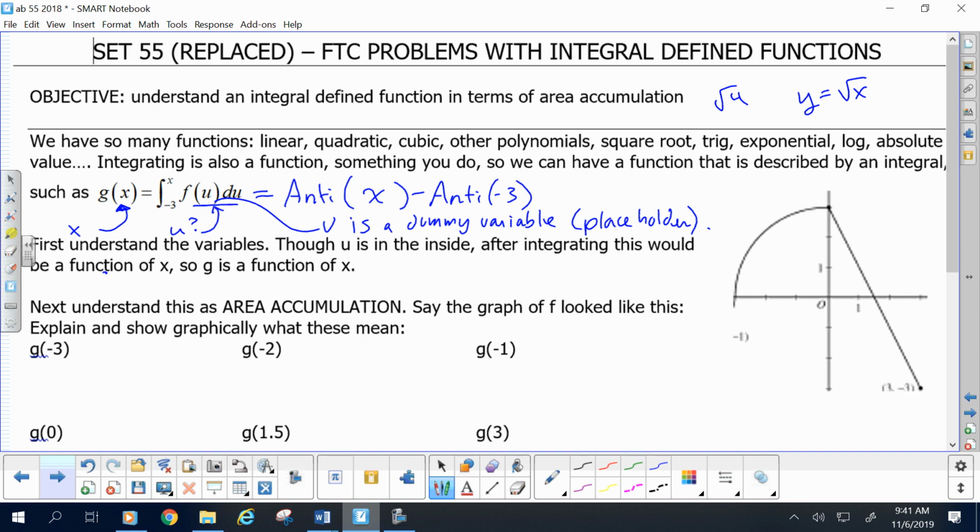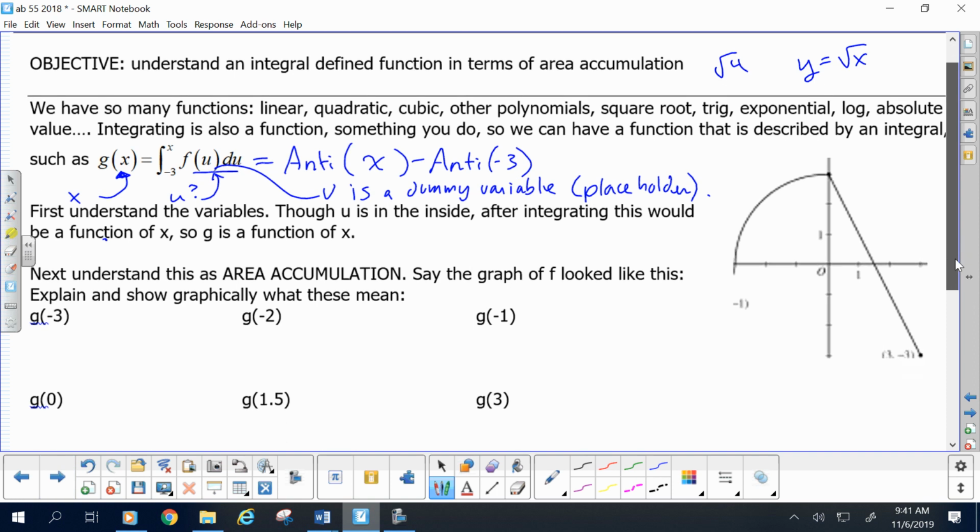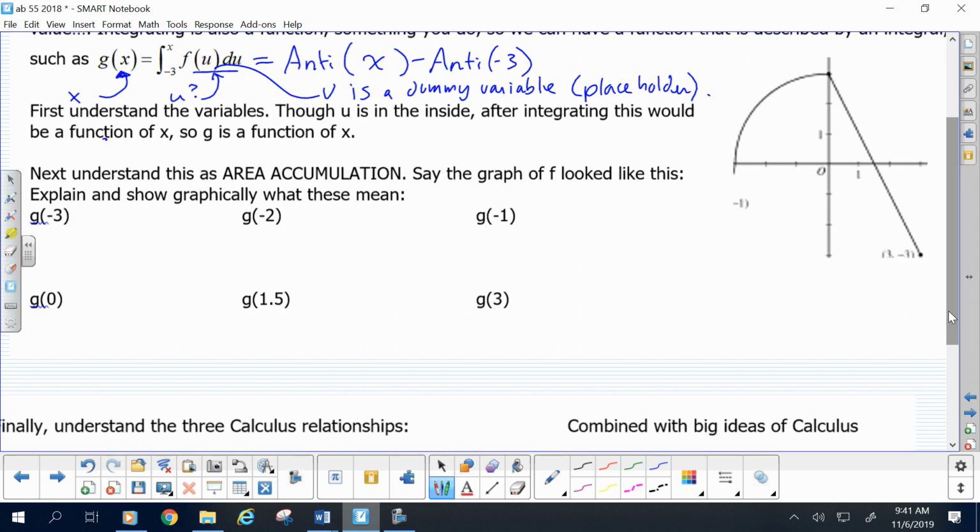Now, as far as g, besides an integral defined function, you'd also call g an area accumulation function. Here's why. If I said, what is g of -3, then if I put -3 in for the x in the function, then doesn't that mean I write a -3 up there? Do you follow?